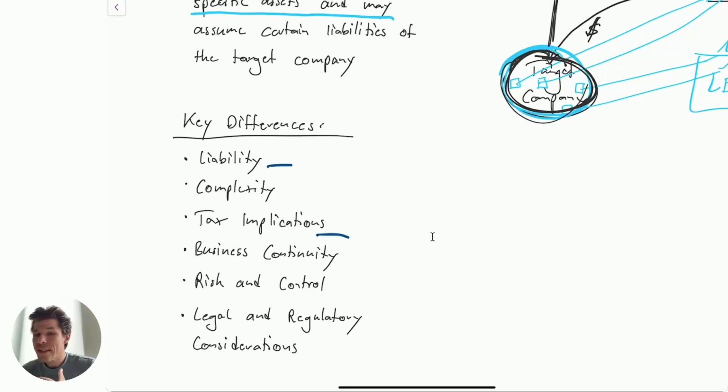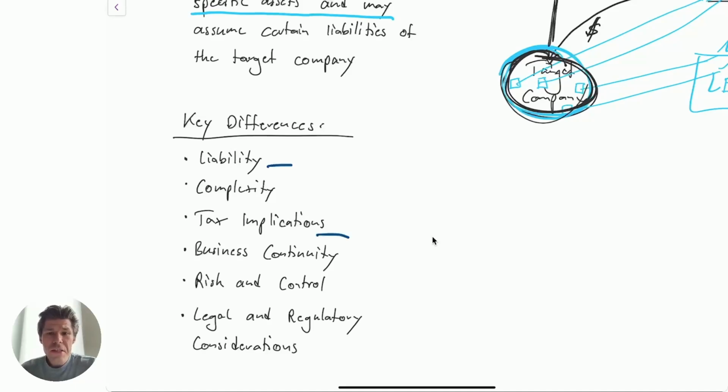So there is a significant advantage for the buyer in an asset deal. However, the seller may face higher tax liabilities in an asset deal because the proceeds are often taxed as ordinary income. There are some nuances in terms of indirect taxes, VAT, some additional stamp duties are applicable to certain assets, but I don't want to go into detail here.